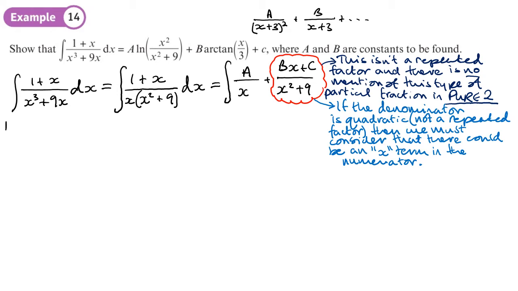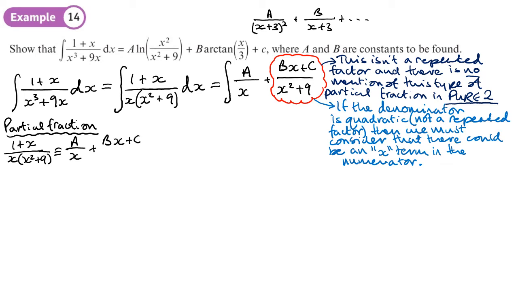So let's now deal with our partial fractions. Again, issues with spelling here. So we want 1 plus x over x squared plus 9 in this form, a over x plus bx plus c over x squared plus 9.